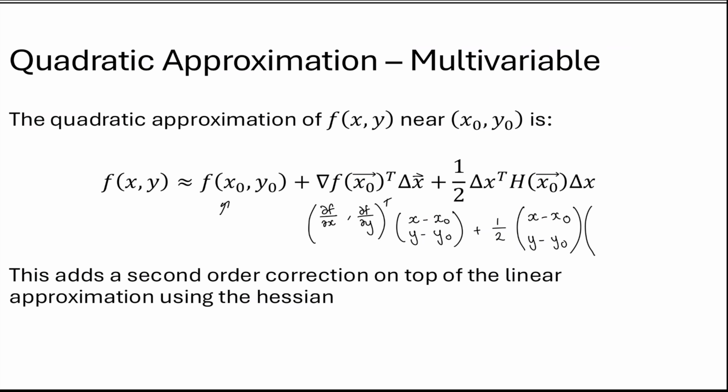The Hessian matrix with the point substituted in it, and our Hessian matrix was just the second order partial derivatives. So this, and then once again, our vector delta x. And of course, this is transposed. So this is essentially what the quadratic approximation of a function with two variables will look like.